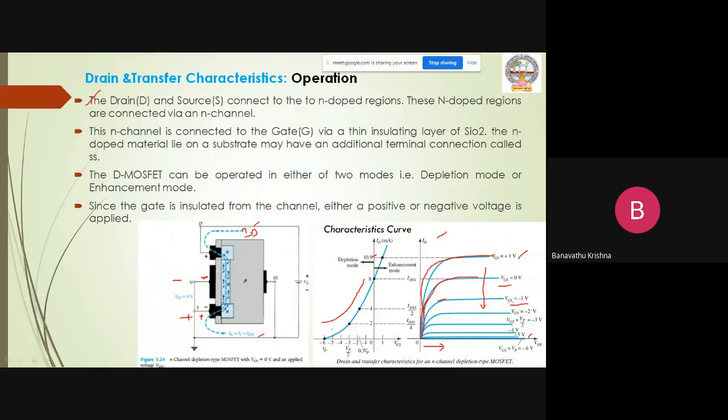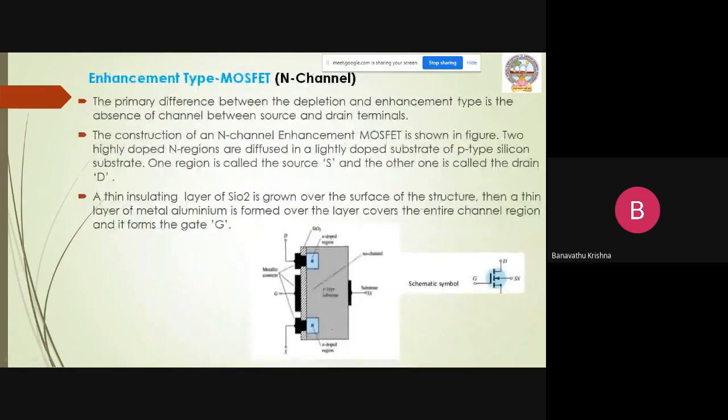So this is the current-voltage characteristics curve as well as the transfer characteristics of the depletion mode MOSFET in N channel. Next, the enhancement mode type MOSFET, and this is the basic structure.